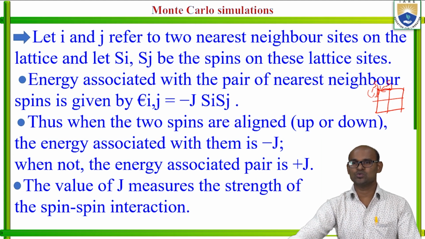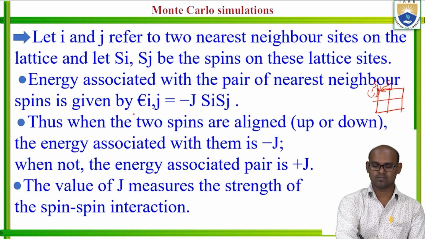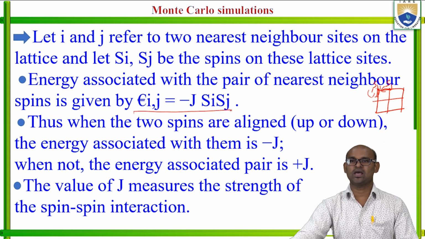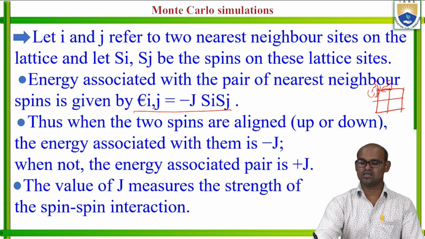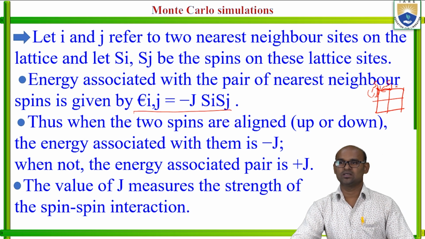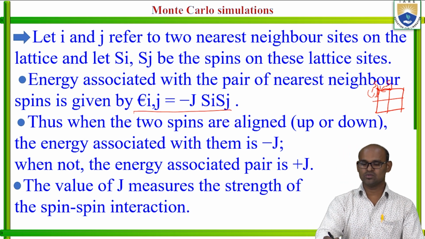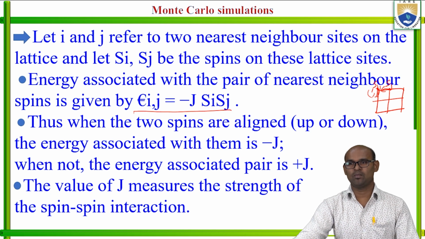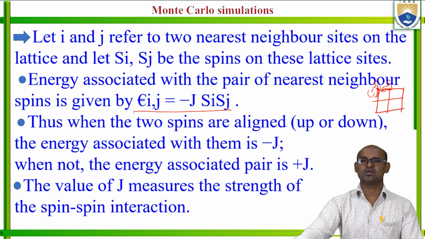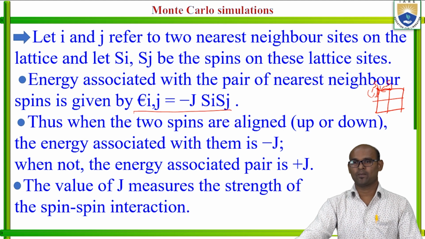The energy associated with the pair of nearest neighbor spins is given by -J S_i S_j, where S_i is the spin on site i and S_j is the spin on site j. Thus when two spins are aligned, up or down, the energy associated with them is -J.